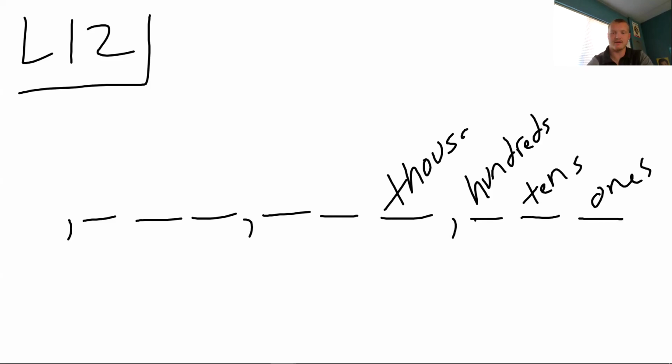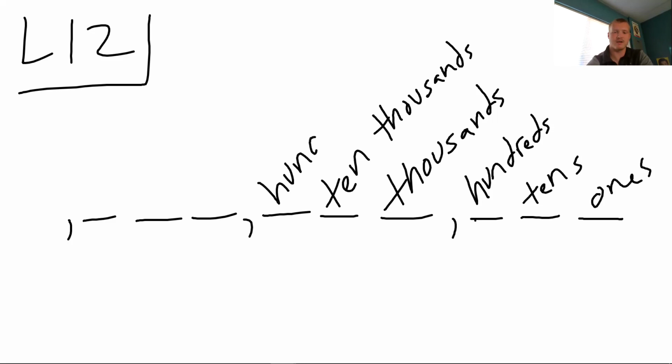What's after that, Talon? 10,000s. What's after that, Brady? 100,000s. Grace, what's after that? After 100,000? It's after 100,000. What's in this spot right here?